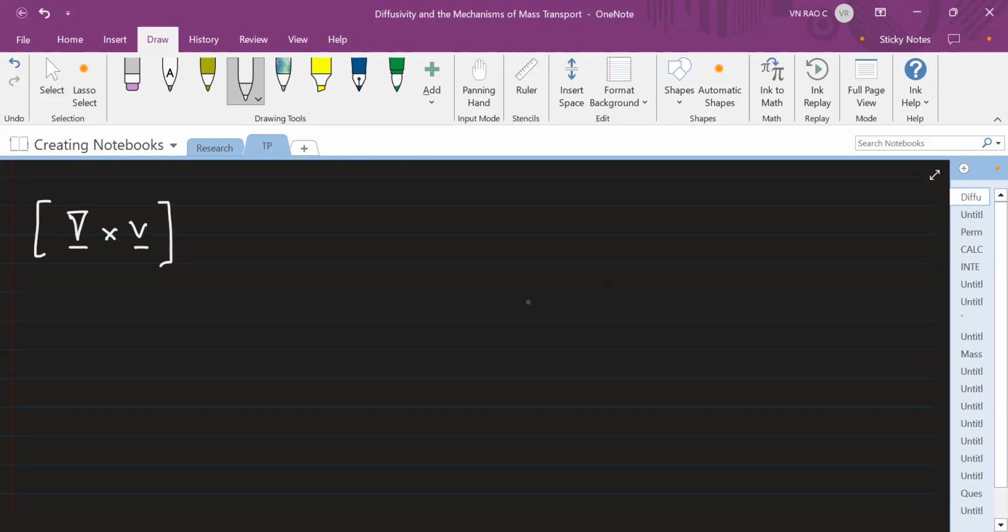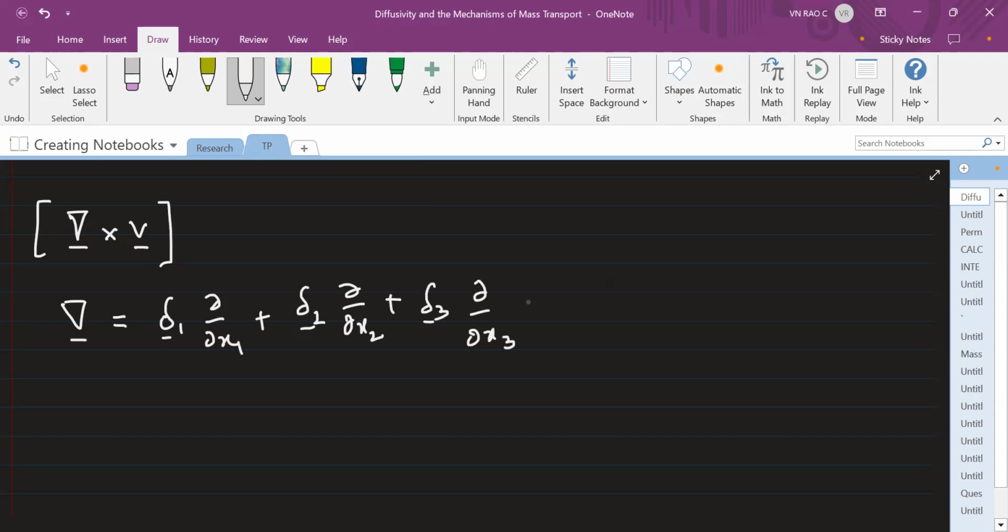First of all, let us define what is del, the nabla operator. This is a vector: delta 1 dou by dou x1 plus delta 2 vector dou by dou x2 plus delta 3 vector dou by dou x3.